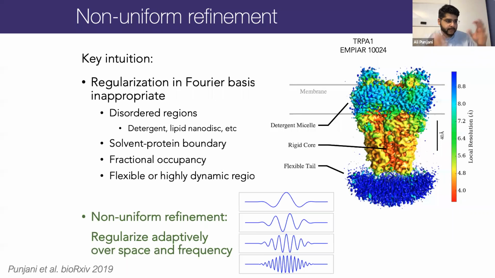Everything else is the same: gold standard split, same resolution estimation, same way of doing alignment and so on, branch and bound, everything. But regularization, instead of happening in Fourier space, should happen in a different basis that is adaptive over space and frequency, so different parts of the structure can be represented and regularized in different ways when we are talking about a refinement.